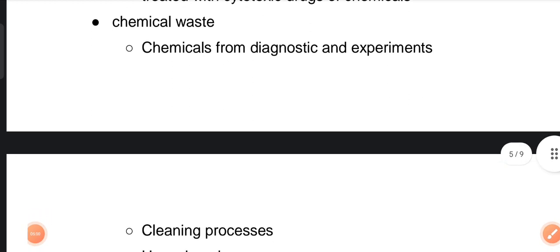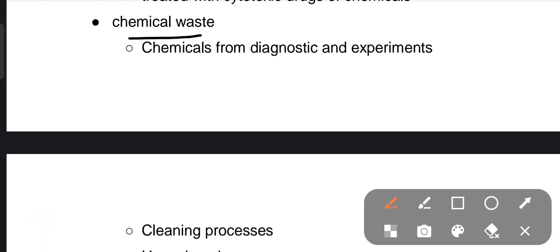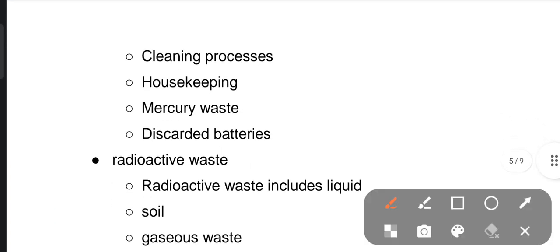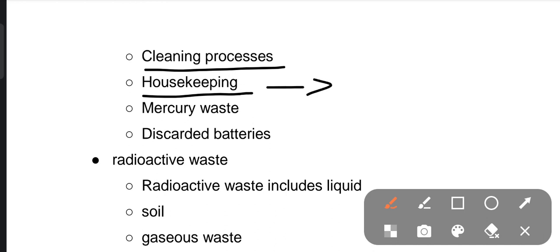And the next one is the chemical waste. Chemical waste is nothing but chemicals from diagnostics and experiments. During the diagnostic procedures and experiments, we use some chemicals, so those come under the chemical wastage. And the chemicals which we use for the cleaning process and housekeeping, like Lysol and Harpic, are chemicals we use in homes and hospitals.